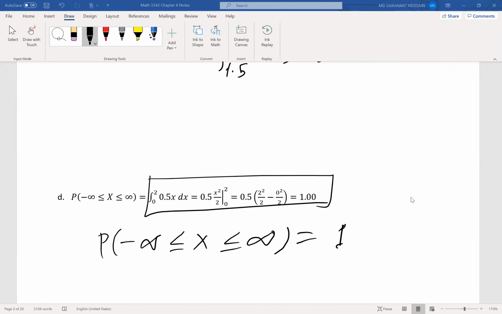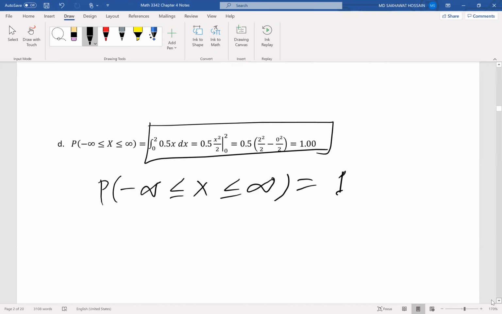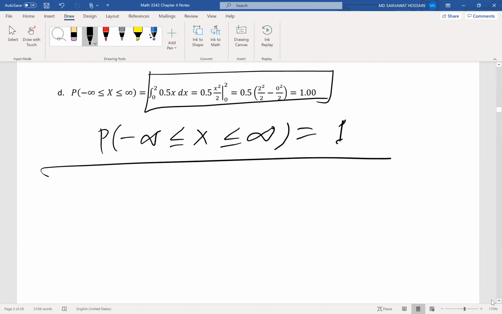Okay, so now I'll give you 2 problems based on this density function.